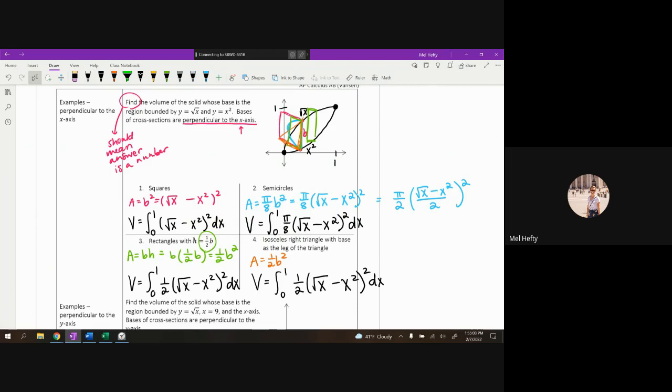So spend more time than you think you should working out what that region looks like. Do I have the right thing that's bounded? And especially, do I know the right top minus bottom? You may be saying, why does subtracting the right way matter? I'm squaring it. Correct for now, but we're going to have a different method for rotating later on where the top minus bottom will definitely matter.